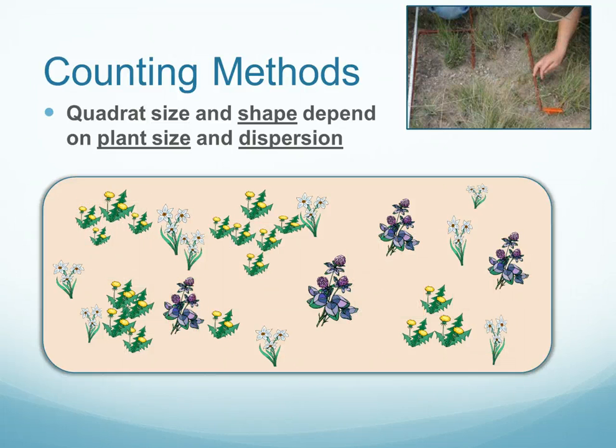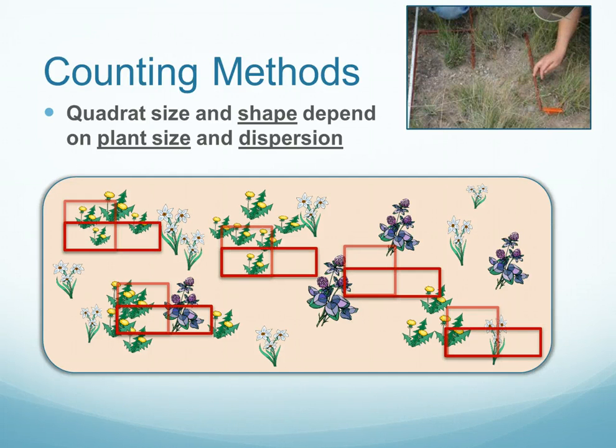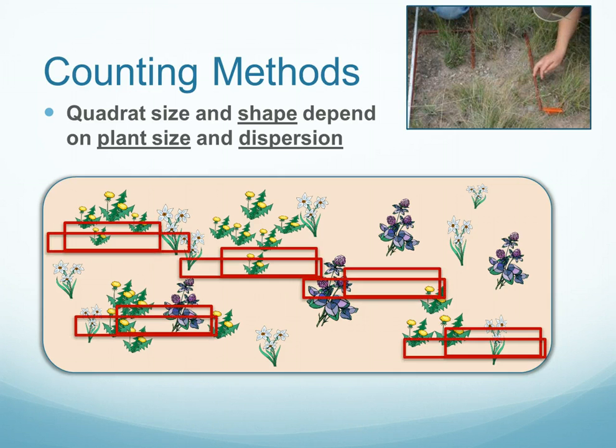The shape that we use for our quadrats also has an influence on our density measurements. So rather than using a square quadrat, we could use the same size, but then make it rectangular, or make it even longer and narrower. In this case, generally as the quadrats get more rectangular and more elongated, they tend to cut across clumps, and so in scattered, sparse vegetation, it's a good choice.